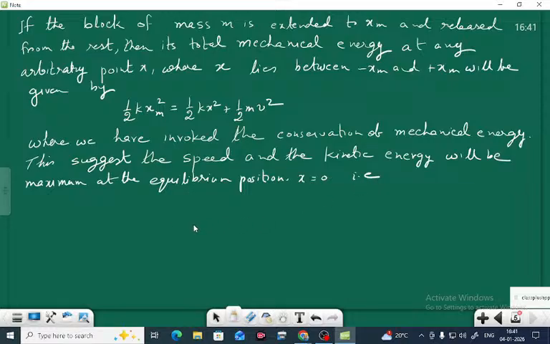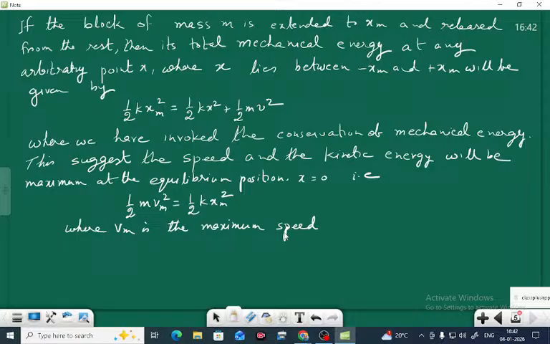That is, half m v max square is equal to half k xm square, where v max is the maximum speed, or the maximum velocity can be written as root over k by m into xm.